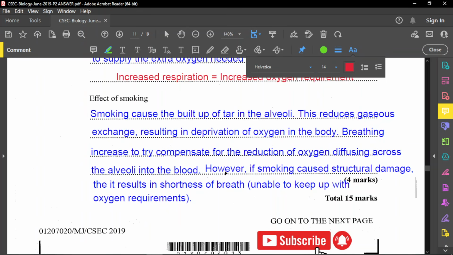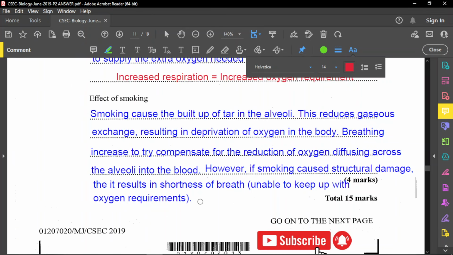Now, point to note is that, however, if smoking caused structural damage, which means the tar built up over a period of time and started to damage the structure of the alveoli or the lungs, then what will happen here? It results in shortness of breath. All right? The reason you end up with shortness of breath is because you're unable to keep up with oxygen requirement, in that oxygen cannot pass over into the blood that easily or effectively.